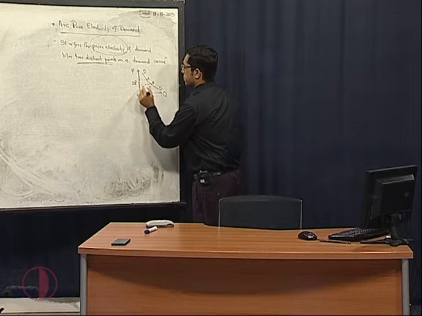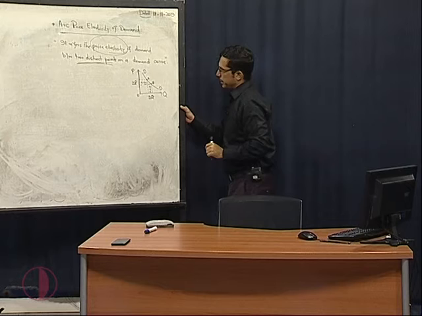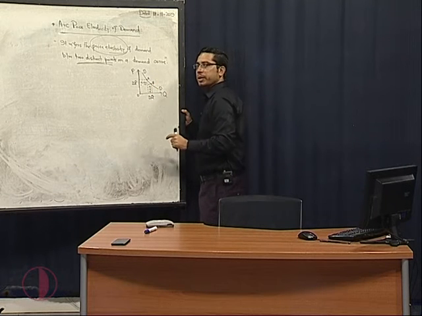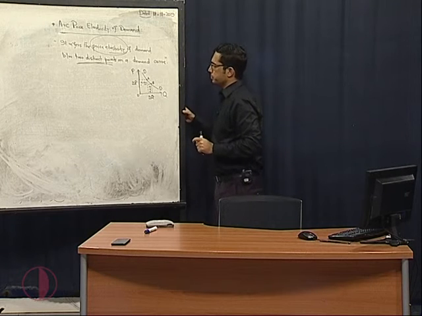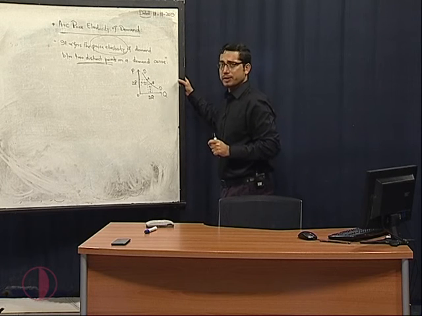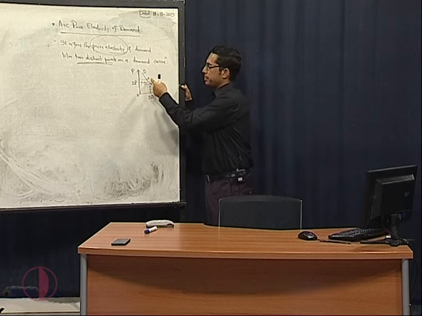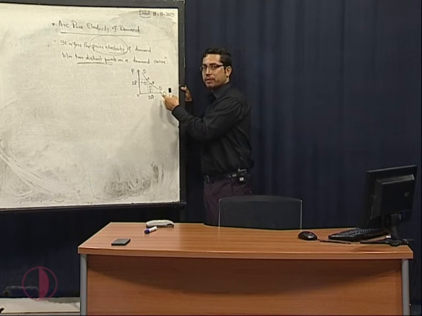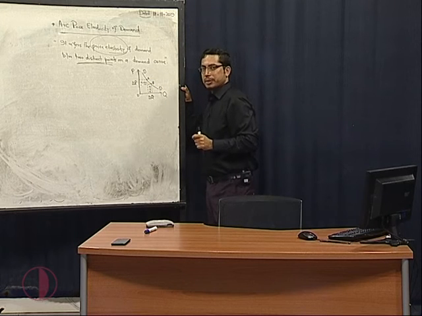So, from point A to point B or from point B to point A, what is the responsiveness? How will we measure this change? Because these are two distinct points on the same demand curve.